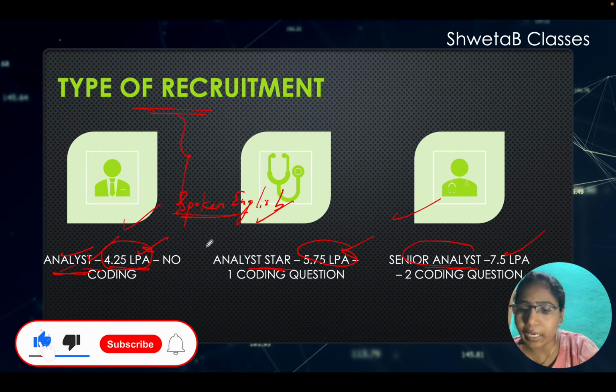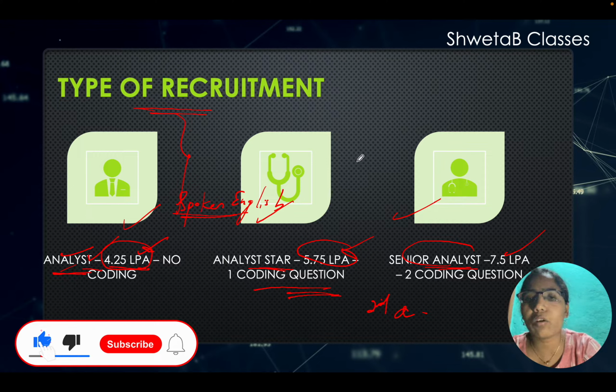Now if you are good with the technical side and you go for the coding round, suppose you are able to write only one coding question and you couldn't write the second one. Then you will go for a technical plus HR round, and based on your interview your package will be 5.75 lakh per annum.